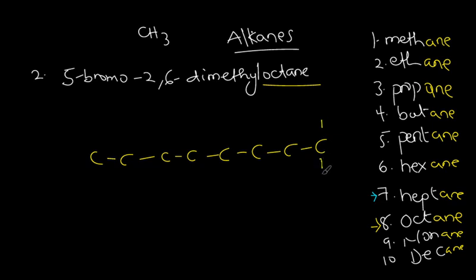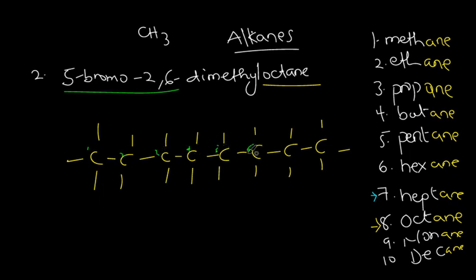Then we add all the strokes to it, here, and then here and here. Now we can see we have 3 substituents: 1 bromine and 2 methyl groups. The bromine is on carbon 5. So if this is carbon 1, carbon 2, carbon 3, carbon 4, 5, 6, 7, 8, then our bromine is on carbon 5.